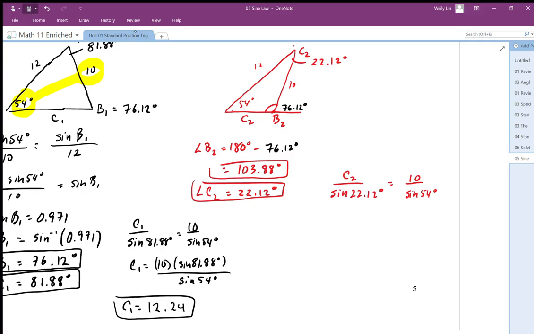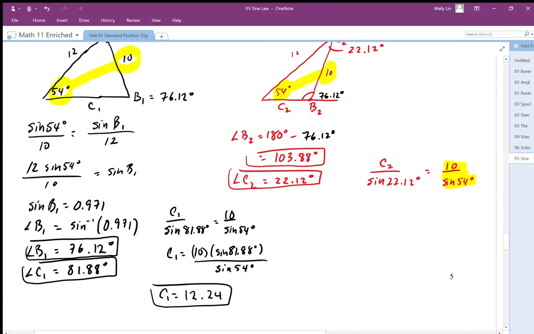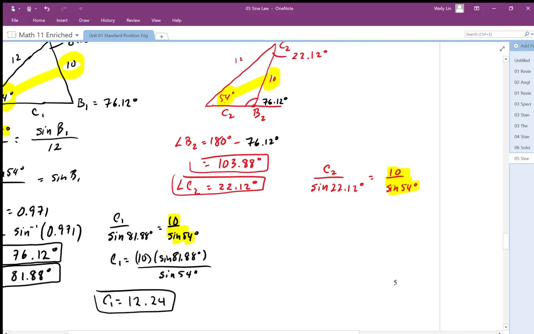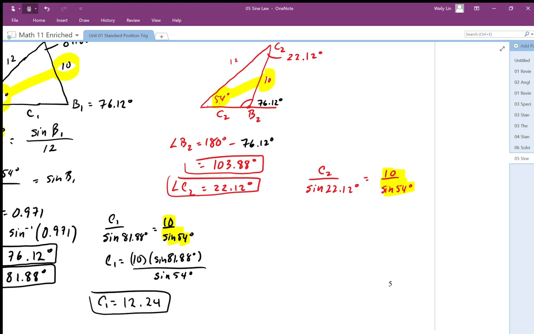I'm just going to highlight that again. It's my angle and opposite side pair. It's the same as the one that we used over here, and the same one that we used over here. Those are all the same. The relationship holds true in both triangles.